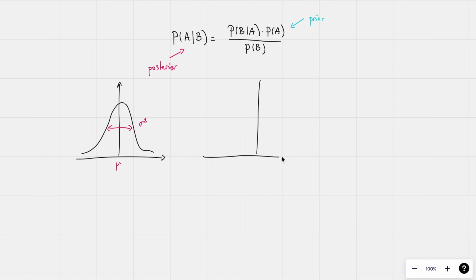It would remain where it is at mu, but we'd get something that is much flatter like this when the standard deviation is high. So in that particular case, we would have a sigma squared which is higher on the right-hand side than on the left-hand side. That is the overall shape of the Gaussian distribution.